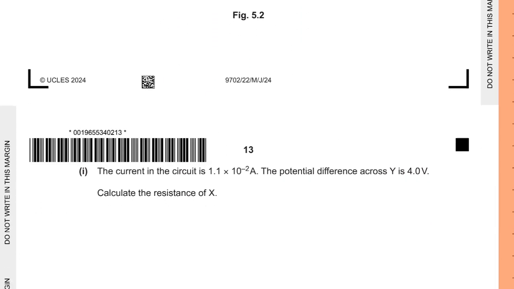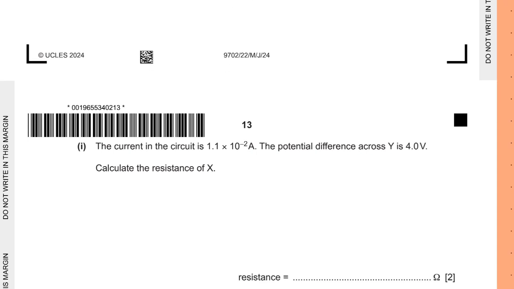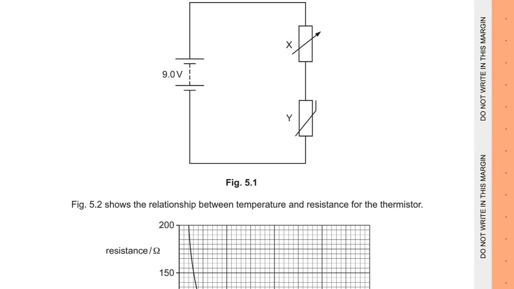Current in the circuit is given, potential difference across Y is given, and we have to find the resistance of X. So if the potential difference across Y is 4, by KVL, the other 9 minus 4, 5, must be appearing across X. And I know the current through the circuit, which is the same for the source, Y or X, because this is a series circuit.